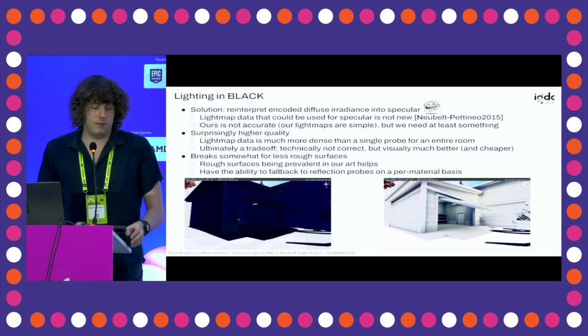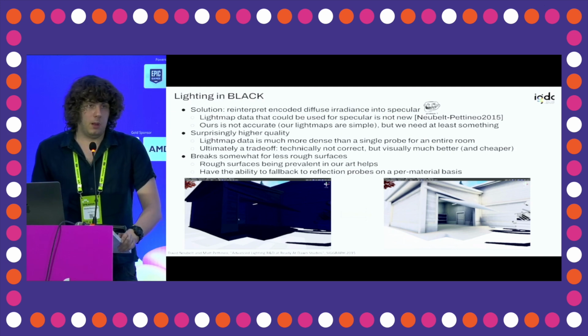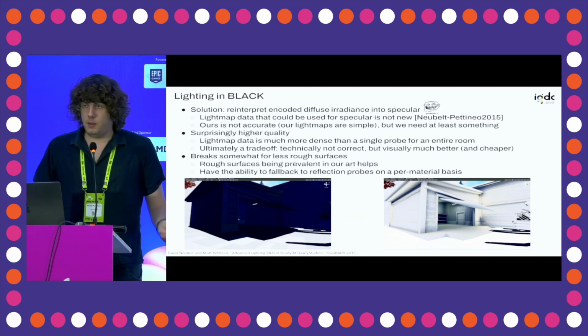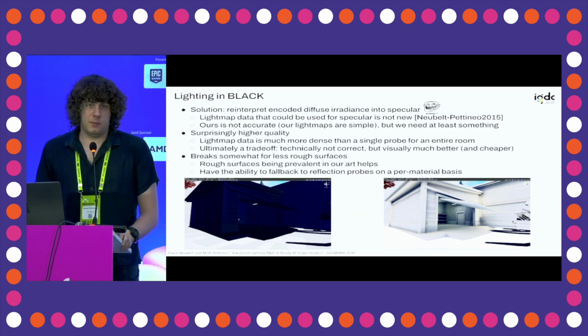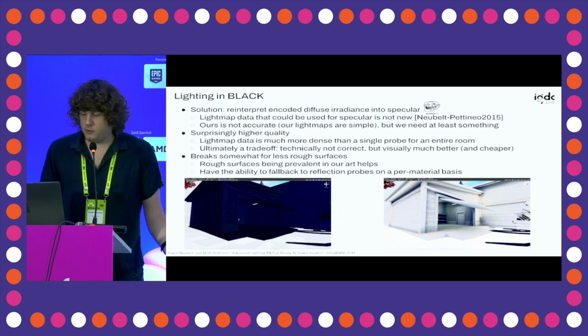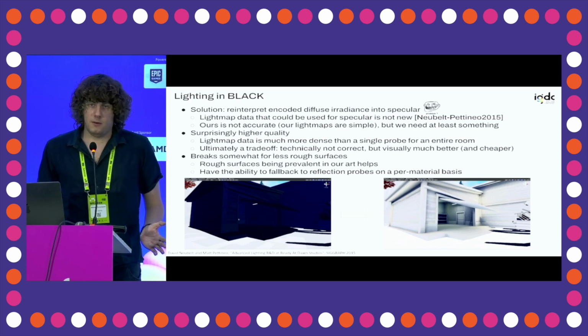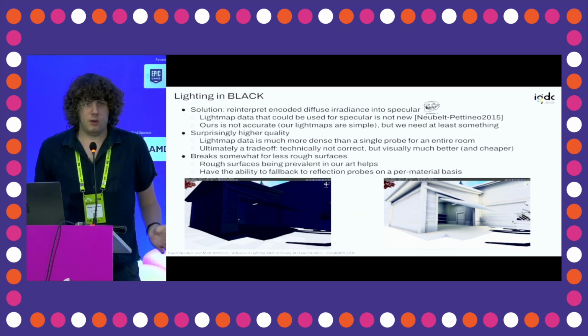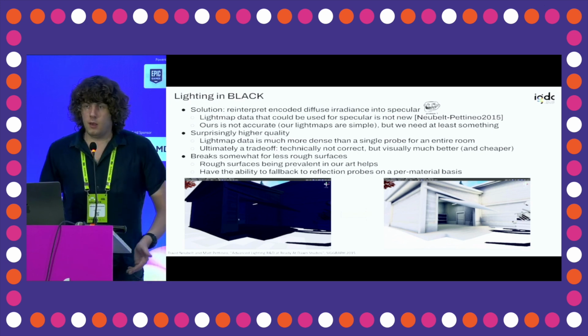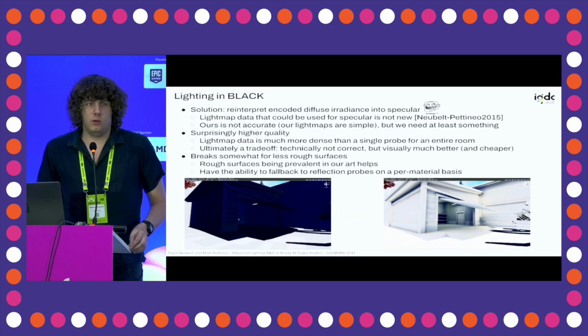So that worked out surprisingly well, and it's not a new technique. People wanted to use light maps for lighting specular for quite a long time, and there are some examples of that as well. This breaks for pretty smooth objects, but the saving grace is that our game art is pretty rough all around, and we do have fallbacks to reflection probes on certain materials.